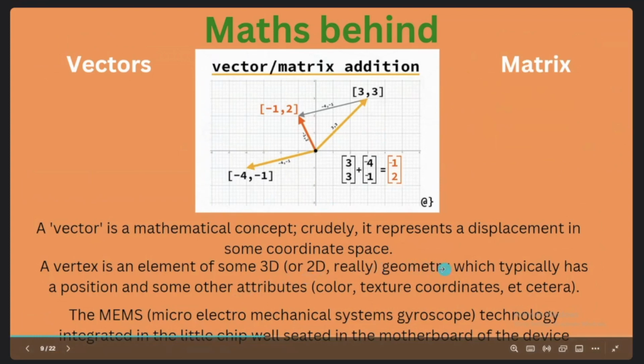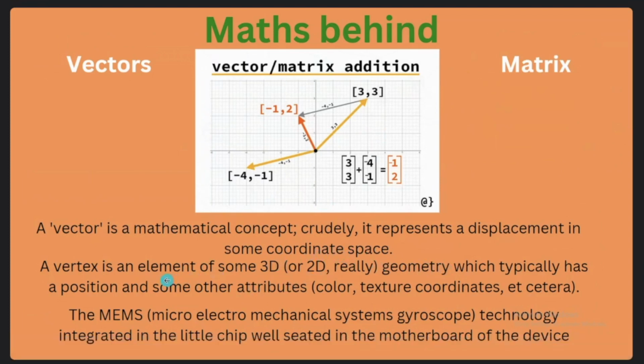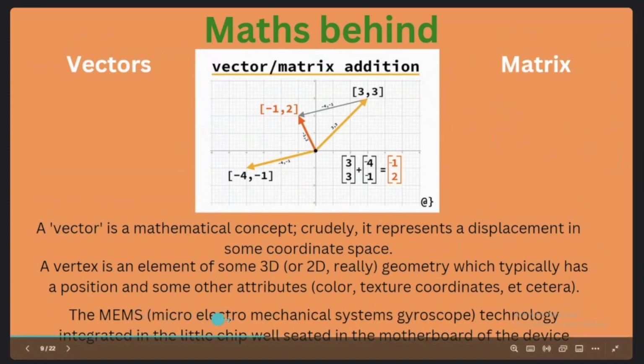So what is a vector, and vertices are used for just the information of the object. And MEMS is a technology, a microelectromechanical system, gyroscope technology, integrated as little chips well seated in the motherboard of the device.